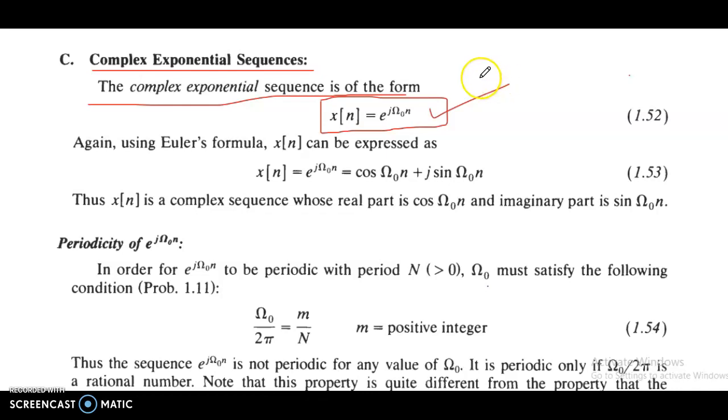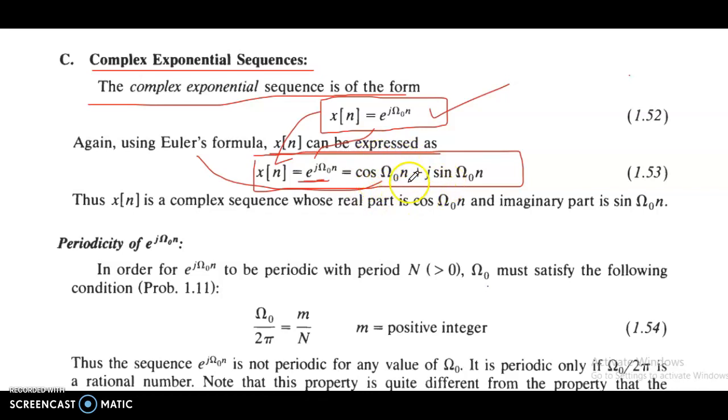Again, using Euler's formula, x(n) can be expressed as e^(jω₀n) = cos(ω₀n) + j sin(ω₀n).